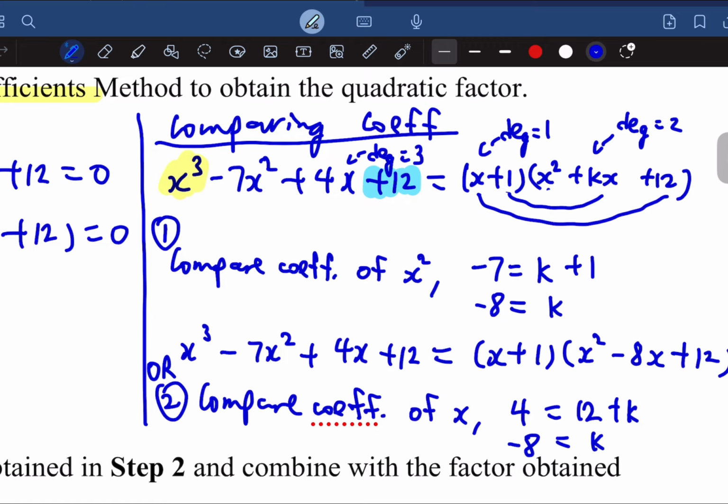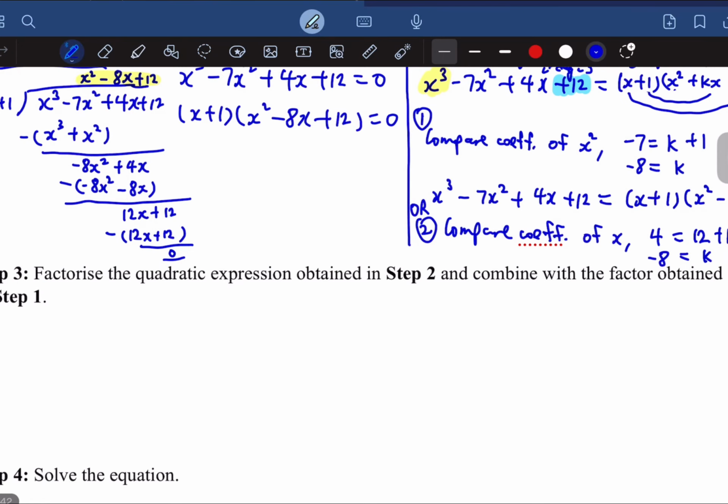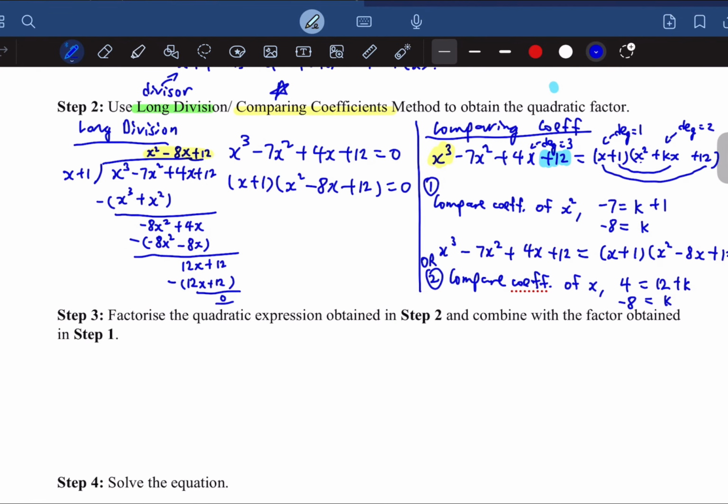So please take note. Then over here, the third part: factorize the quadratic expression obtained in part 2 and combine with the factor obtained in part 1. So let's continue. I have x plus 1, x squared minus 8x plus 12 equals 0. The linear one, don't need to bother, keep on writing.